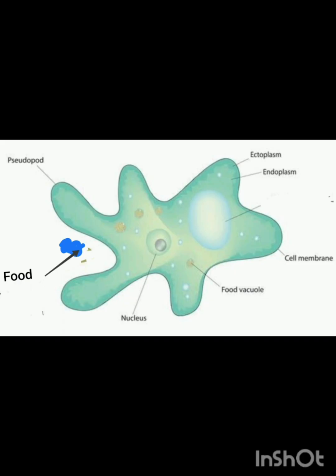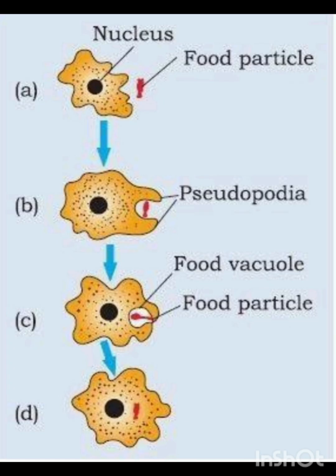Amoeba feeds on other microorganisms found in its surroundings. When it senses any food, it sends out its finger-like projections called pseudopodia around the food particles to engulf them.